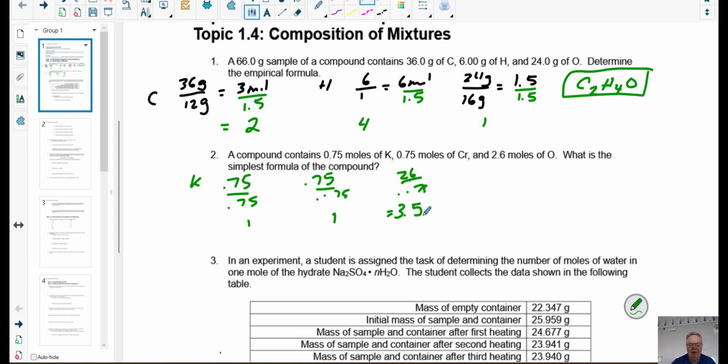So that gives me approximately 3.5, but we can't have this decimal. So we just need to multiply everything by 2 to give me whole numbers. So that means it's going to be K2Cr2O7. And that kind of looks right because that would be our dichromate. And so there we go with that one.